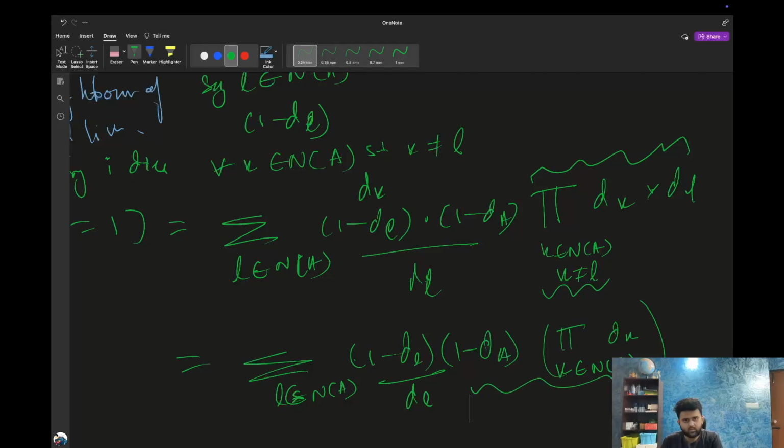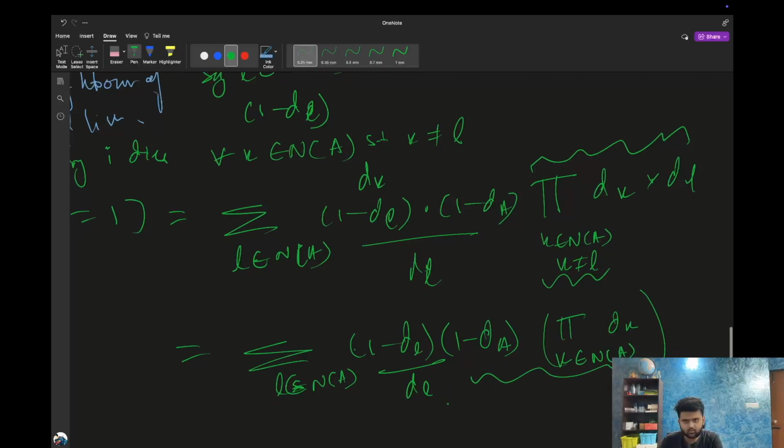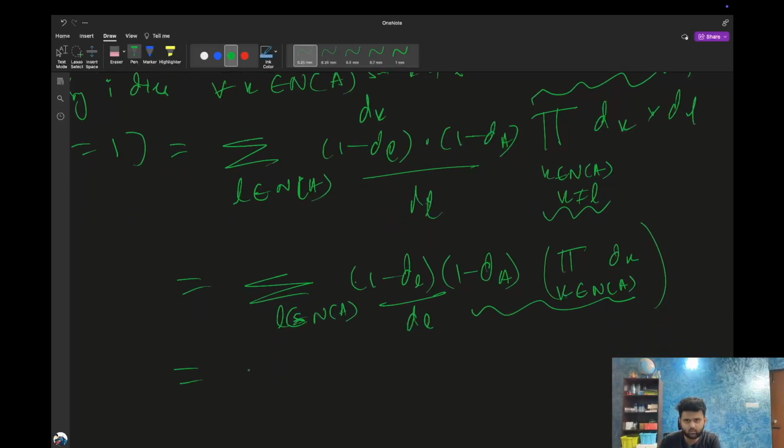These terms are independent of which L is chosen, so we can take them out. So that is 1 minus d_A times the product of d_K, K in the neighborhood of A, times the summation over L in the neighborhood of A of (1 minus d_L) by d_L.